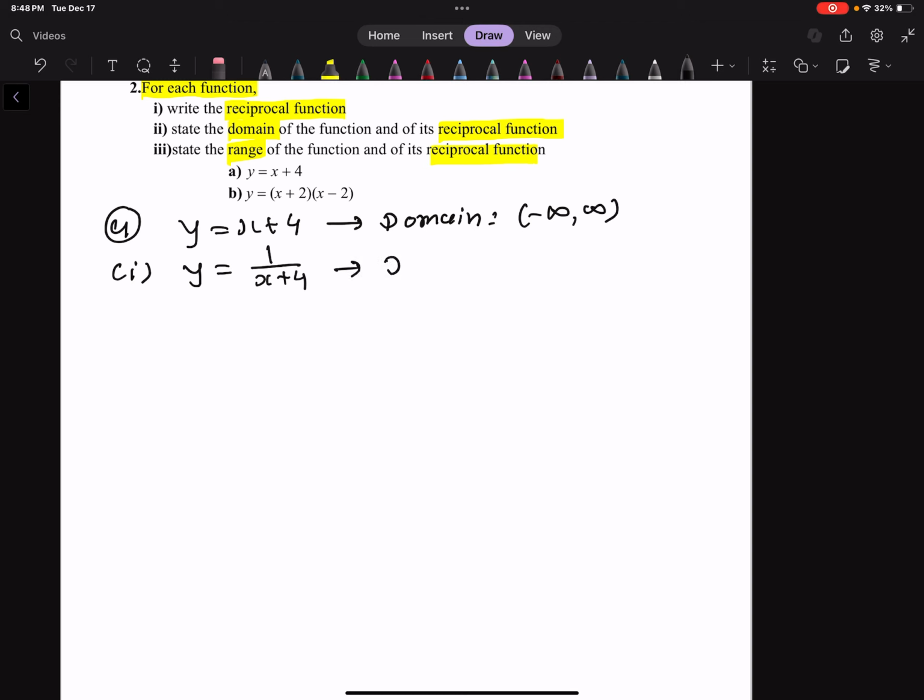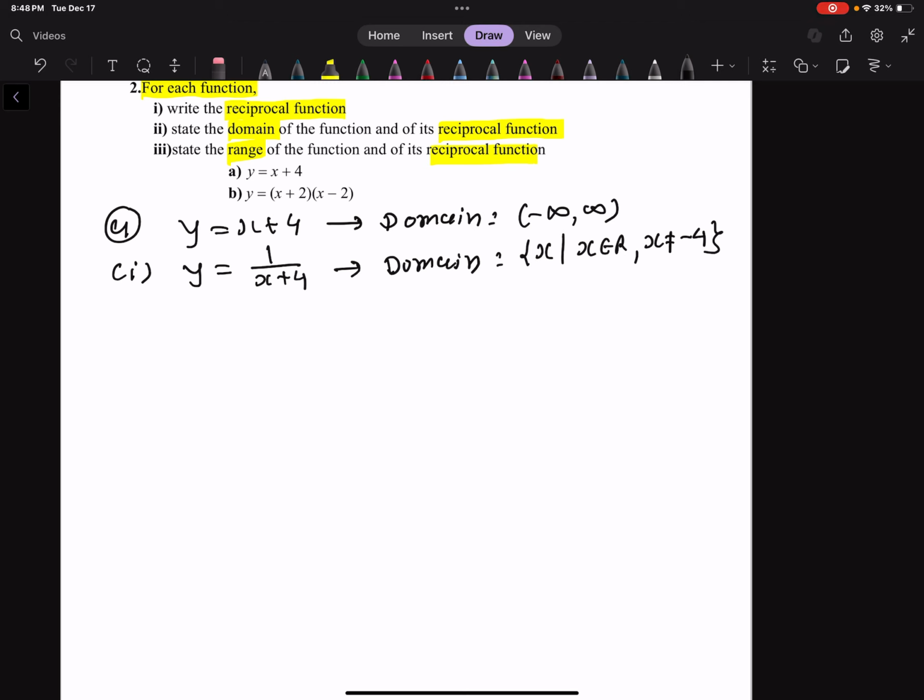But for the reciprocal, we cannot accept x equal to negative 4. So x belongs to R except x equals negative 4, because that makes the denominator 0.